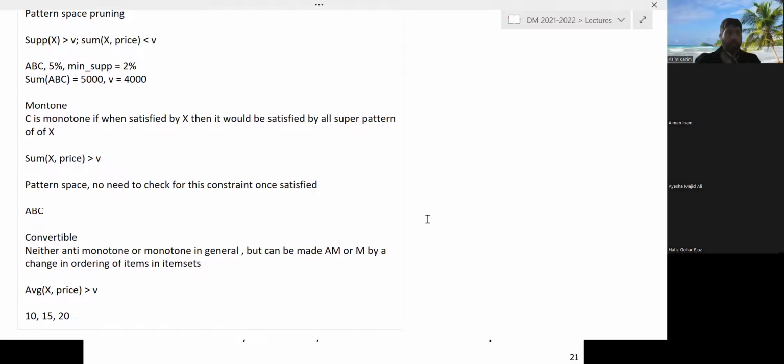Okay, 3 items. If we calculate the average, what will we get? 30 and 45 divided by 3, 15, right? So average 15, okay? So if I add a new item, would the average increase or decrease?